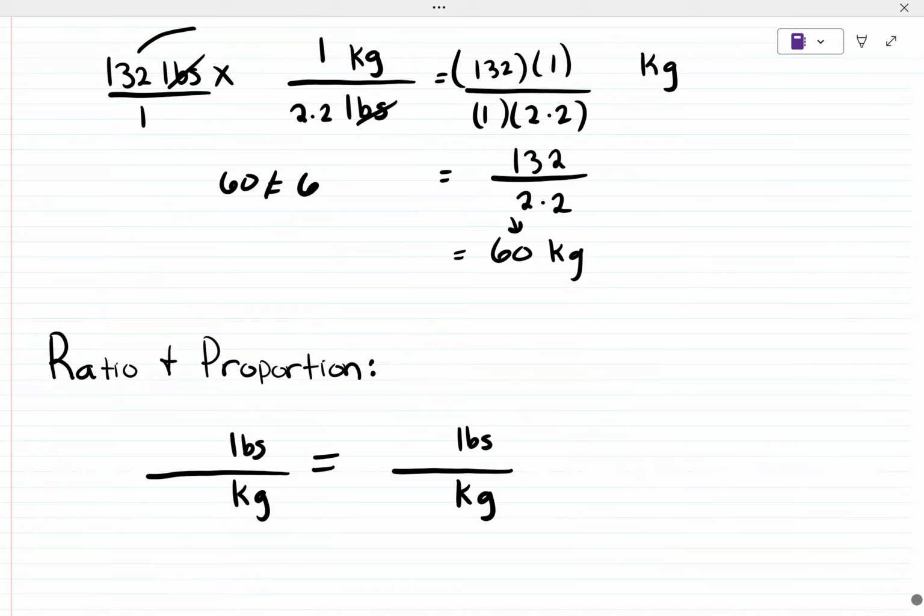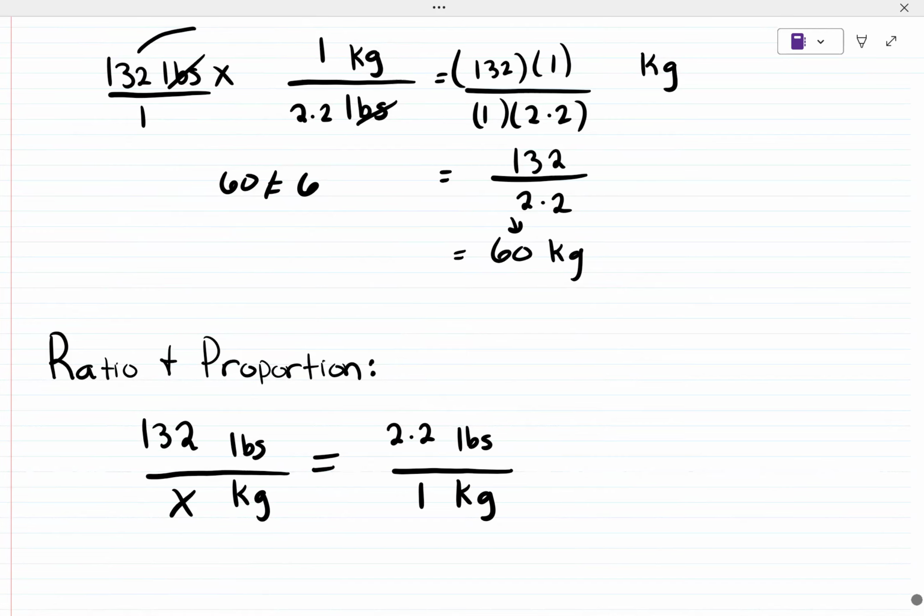We were given 132 pounds. We're trying to figure out kilograms, that's our unknown, and we should only have one unknown. If you have two unknowns, you have to do some conversions. What is the relationship between pounds and kilograms based on the chart you just wrote? We know that 1 kilogram is exactly 2.2 pounds.